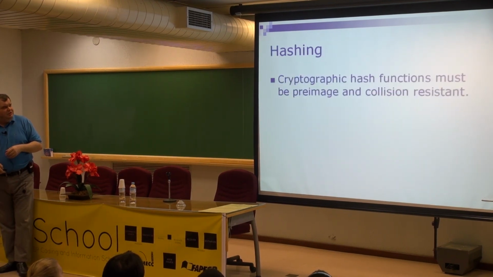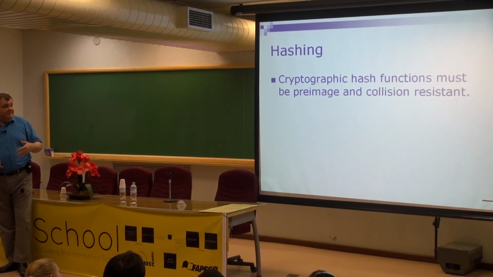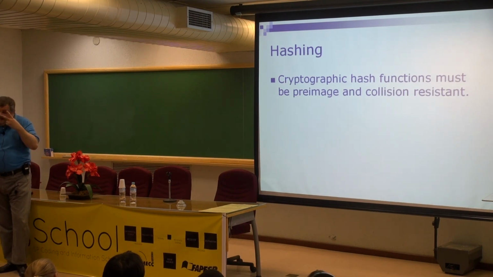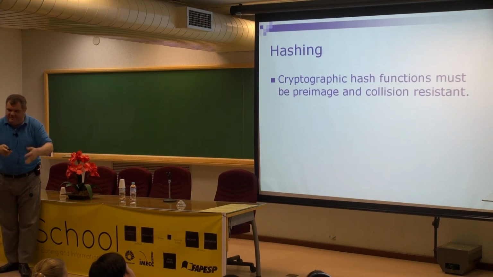It's also possible to do code-based hashing. We use hash functions a lot here. They have to satisfy at least two conditions. They have to be pre-image resistant, so given a hash value you cannot get back, and collision resistant, so given a hash value you cannot find two messages that hash to the same value.